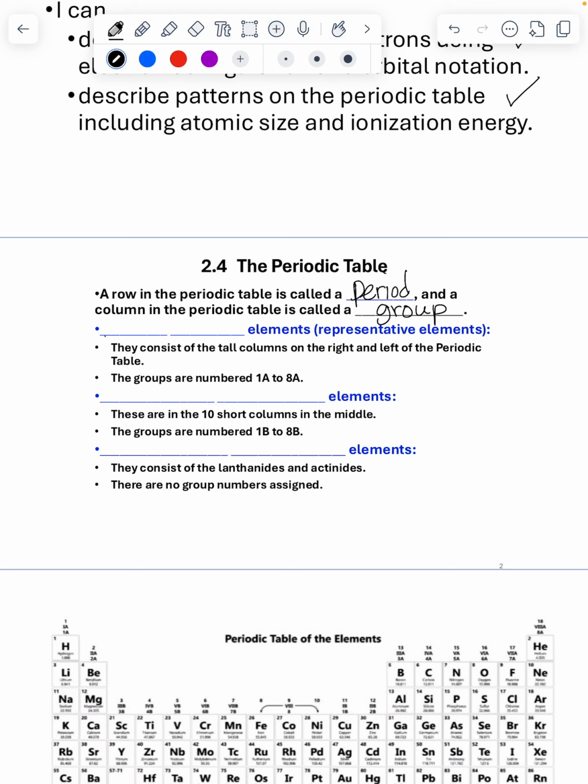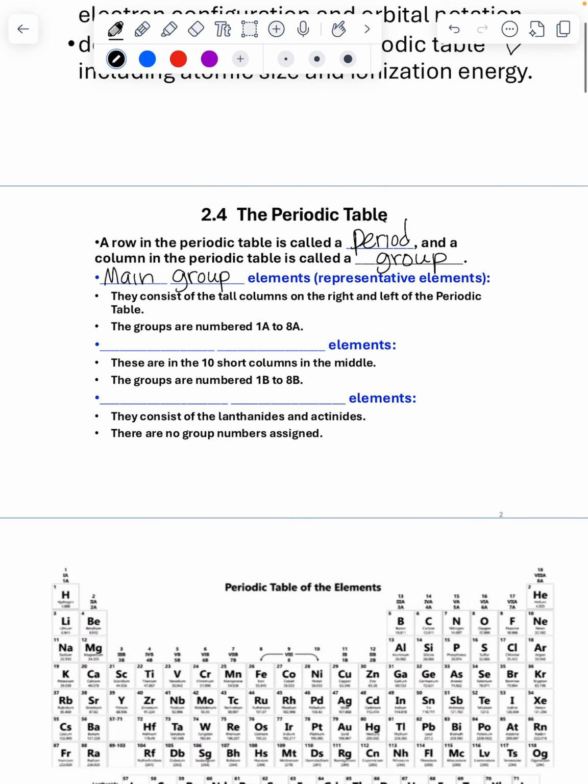The periodic table can be divided into different groups. So the first group we'll talk about are called the main group elements. And as your notes say here, they're also known as the representative elements. They consist of the tall columns on the right and the left of the periodic table.